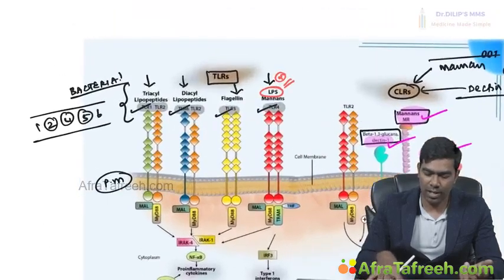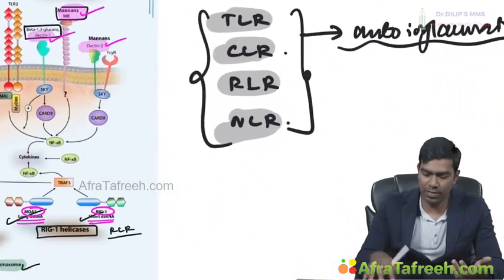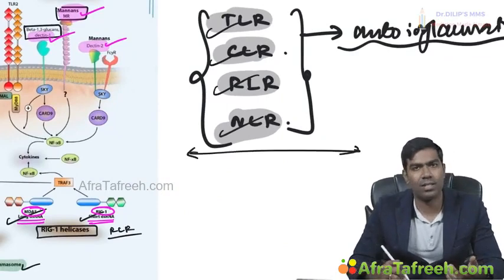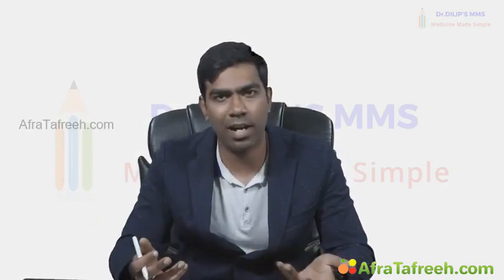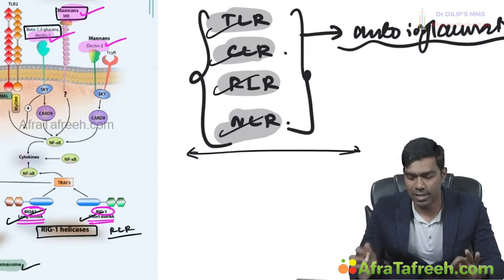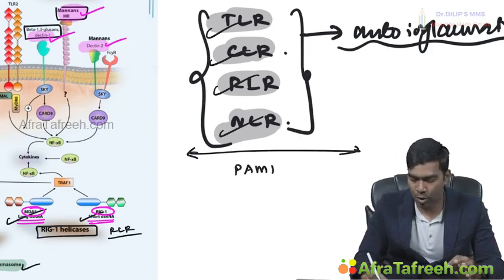And what do all these receptors we discussed, TLRs, CLRs, RLRs, NLRs, sense overall? Even though each senses something specific, diacyl lipopeptide, triacyl lipopeptide, flagellin, dsRNA, dsDNA, single-strand RNA, Candida, Mannans, beta-1,3-glucan, whatever, what are all these? These are PAMPs. What do you mean by PAMPs?